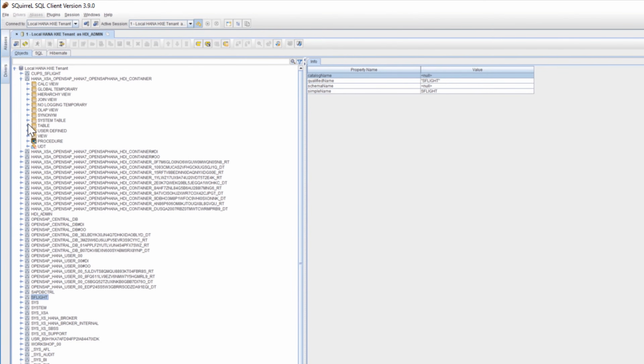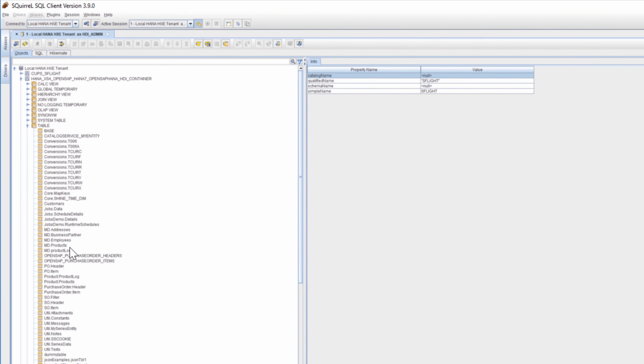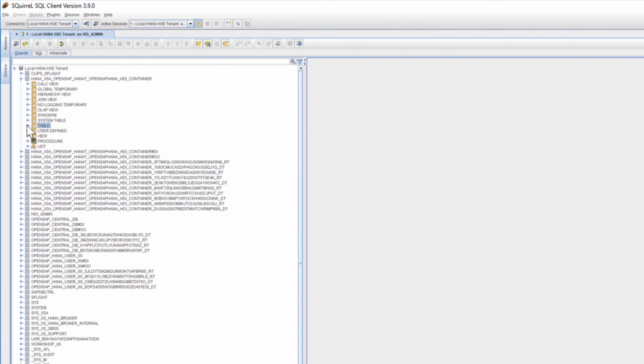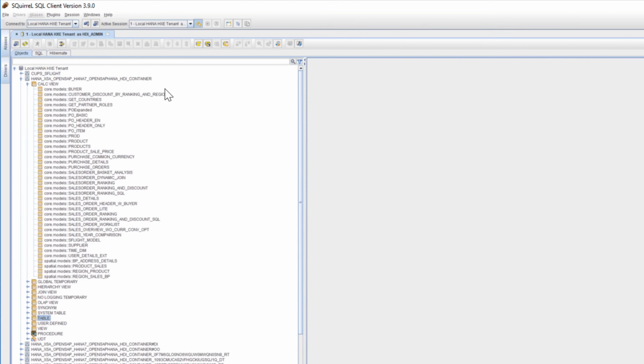Let me come here to another schema where I have access to tables. Let's look at this one. Here I can view the data that's available inside my table. I can even come here. Maybe you've heard of calculation views. That's a special type of view inside of HANA that allows us to access that analytic engine and do some of that OLAP processing that we talked about.